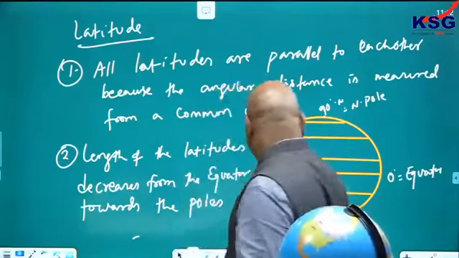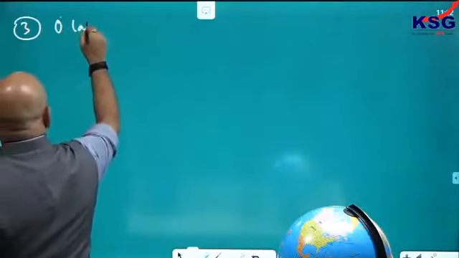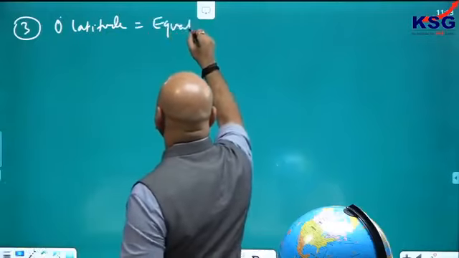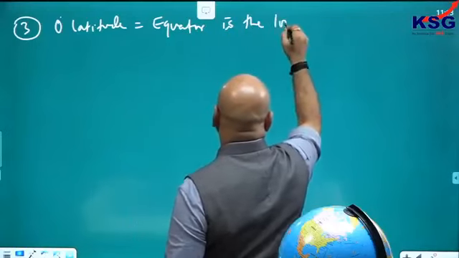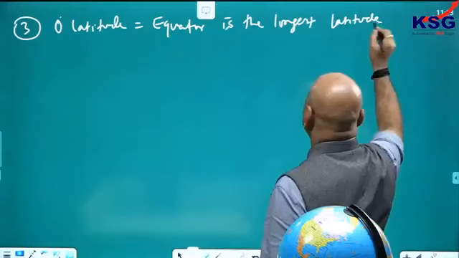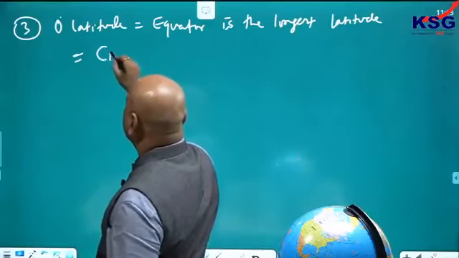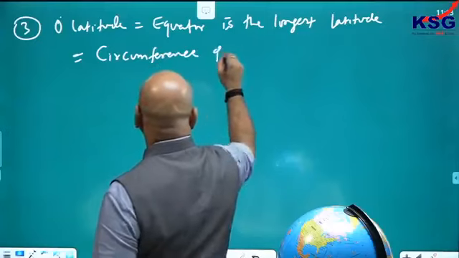Zero degree latitude, next point, number 3. Zero degree latitude, or the equator, is the longest latitude, which is almost equal to the circumference of the earth.